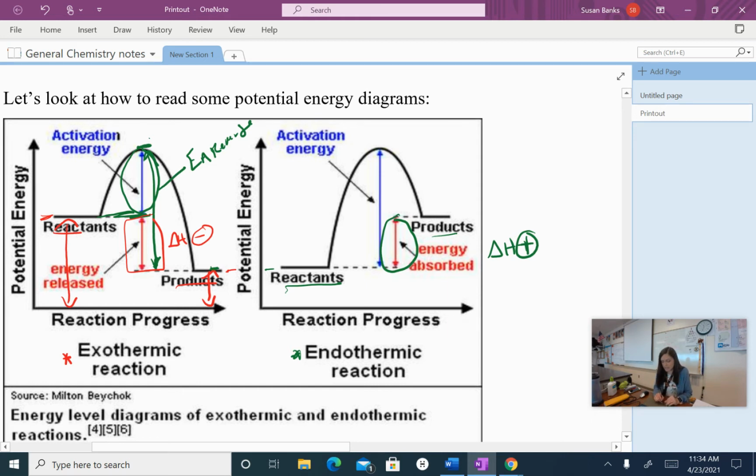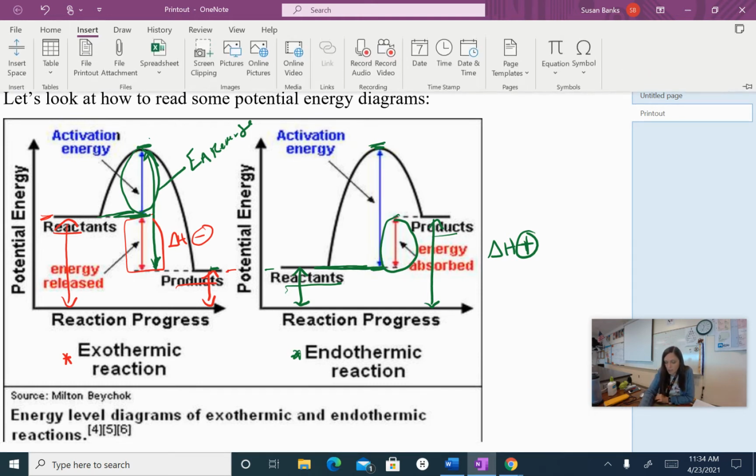Energy goes into that system. Once again, we can still measure our activation energy. Remember, activation energy is from our reactants to the top of the curve. We can also measure the energy of our reactants and the energy of our products.